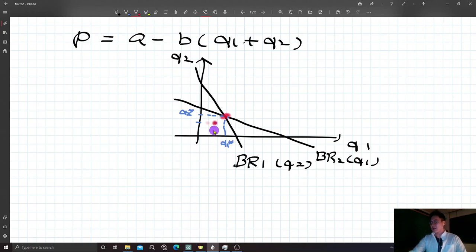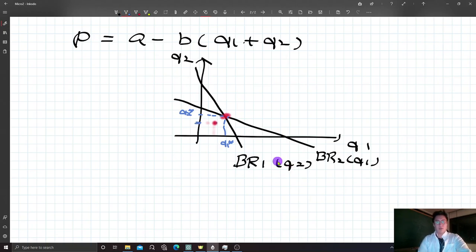So just like acting as a monopolist, they merge with each other, make a monopoly, then they can enjoy some monopolistic profit. That will be higher than this equilibrium profit.